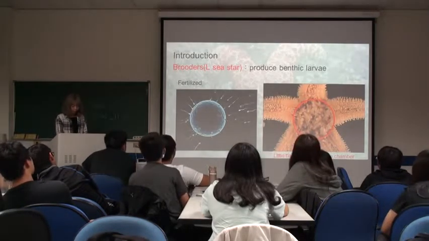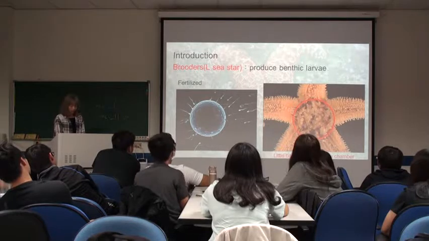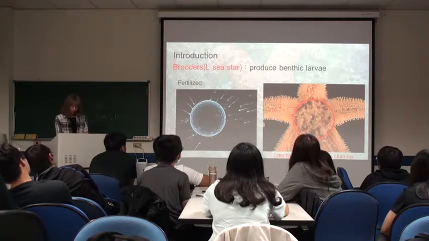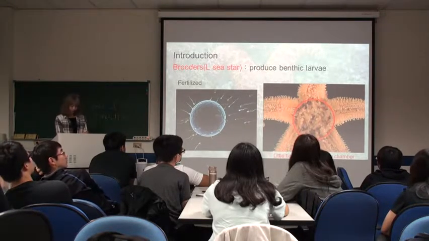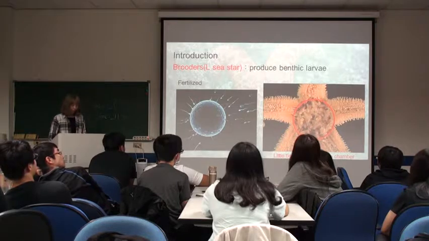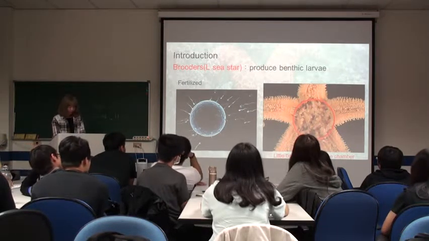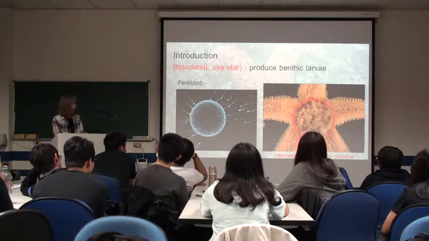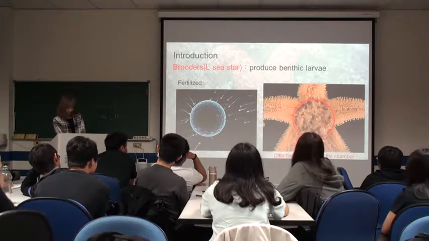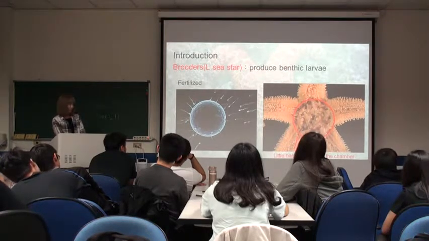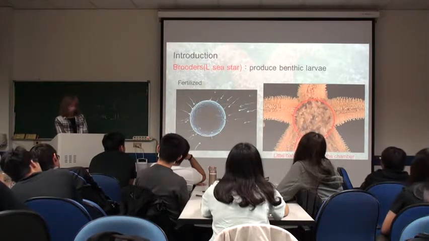Brooders produce benthic larvae. Benthic just means living on the sea ground. When the sea star is born, we call them larvae. Brood means like hatch. The eggs are fertilized and develop in the chamber until they turn into young sea stars and are released by the mother.